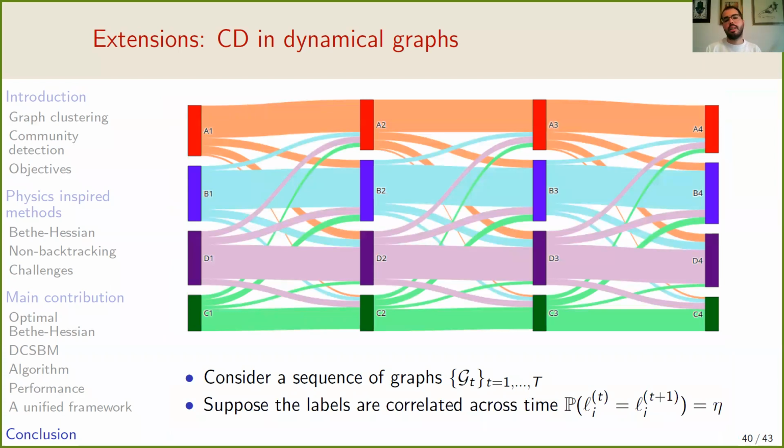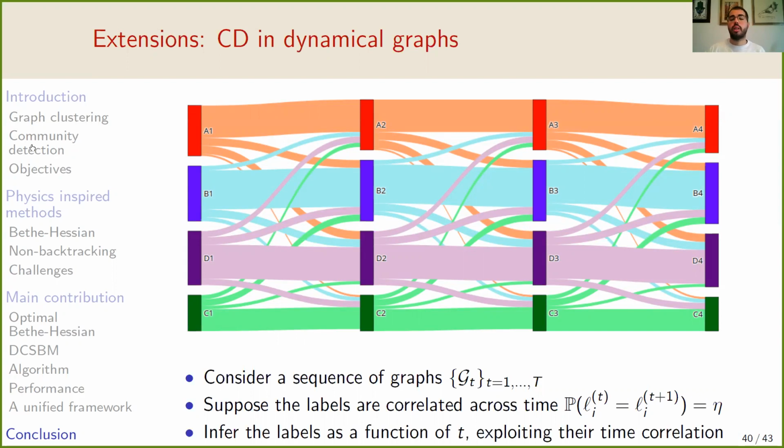So the idea is that if we run community detection at each time independently, we're not exploiting this correlation.